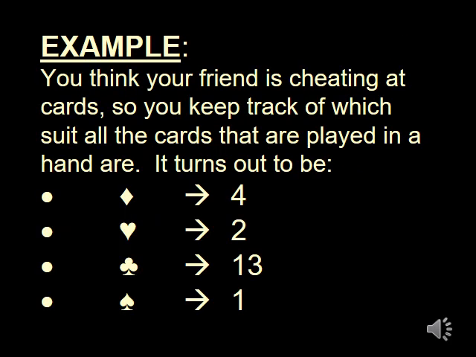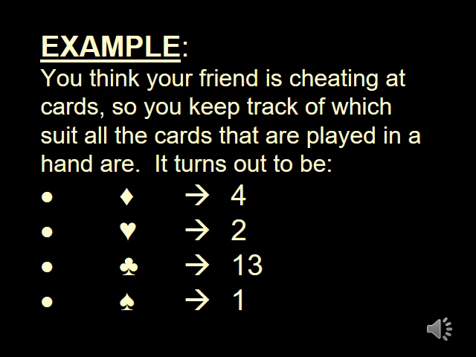We're going to look at a couple of examples and I'll show you the things you do and don't have to do with these. So our first example says you think your friend is cheating at cards, so you keep track of which suit all the cards that are played in a hand are. And it turns out we got 4 diamonds, 2 hearts, 13 clubs, and 1 spade.